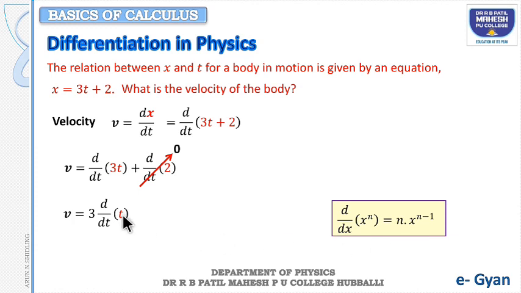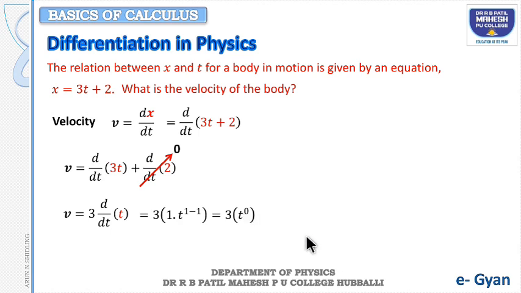In the present case, the value of n is 1. So I can write it like 3 into 1, in place of n I have put 1, t raised to 1 minus 1. This gives me t to the power 0, and t to the power 0 is 1. So finally, I get the value to be v is equal to 3 units.